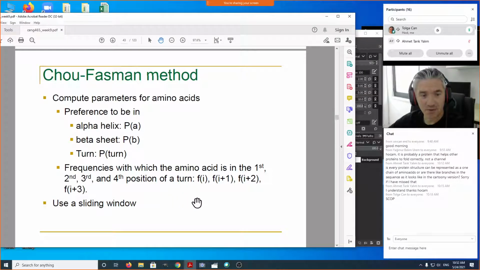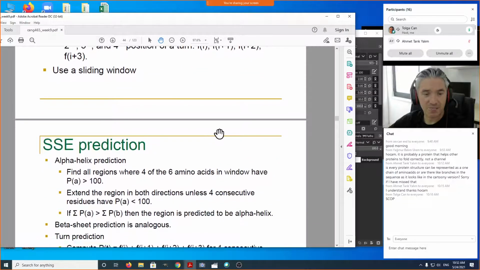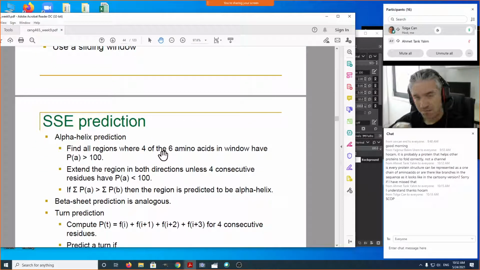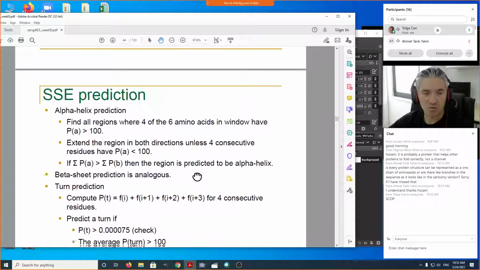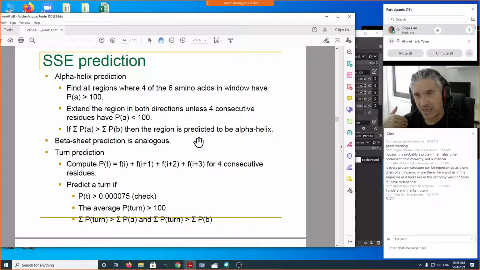They just sum them up using a sliding window, and they have some built-in rules. For example, if you have a region where 4 of the 6 amino acids in the window have PA more than 100, then do this, then extend it this way. So these are really hard-written rules, but they're basically doing this by using those preference values.